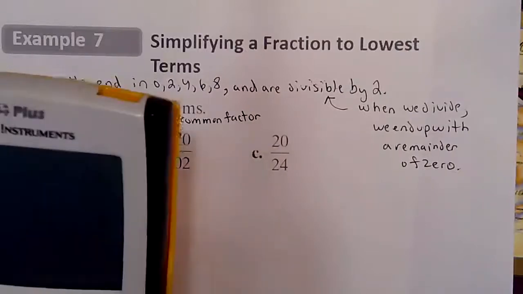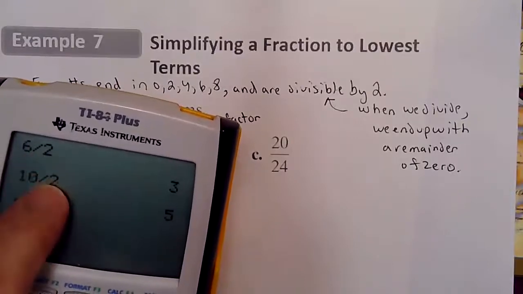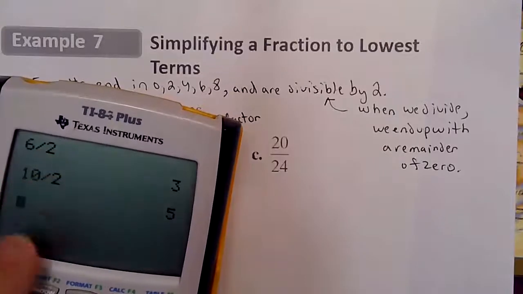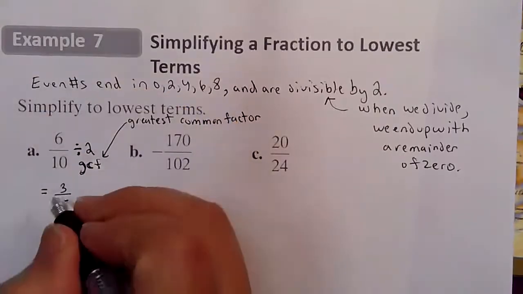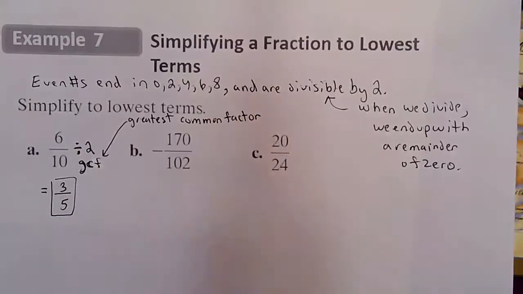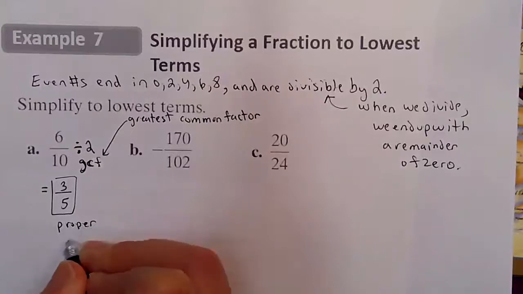And notice how it has to be divisible. You're dividing by the same number. You cannot use different numbers in the numerator and denominator. They have to be the same number. Okay, so this reduces to 3/5. That's considered lowest terms. That's also considered a proper fraction.